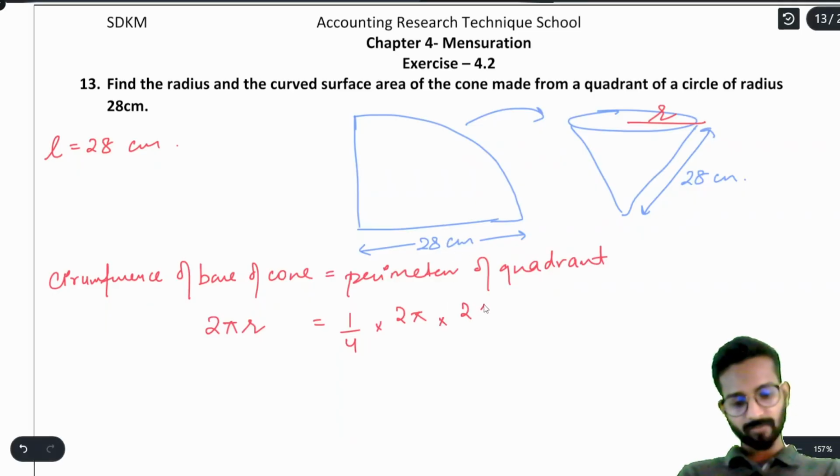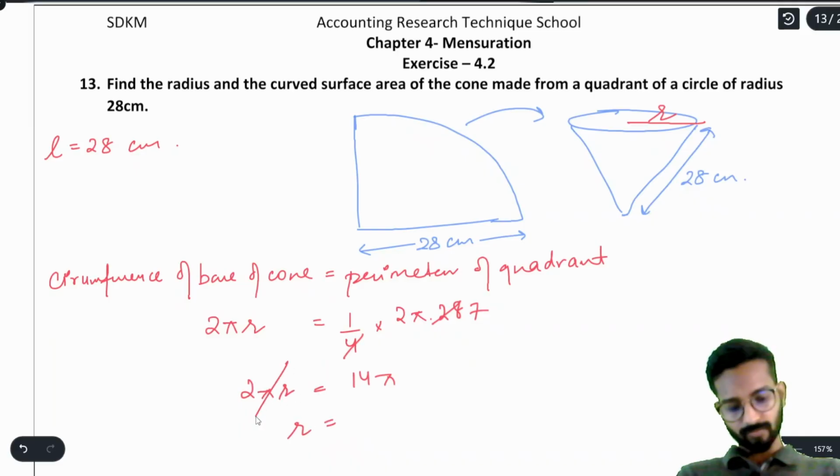So I can multiply this with 28. 2 pi r, R is 28 here. So 4 7s are 14 pi. Here 2 pi r. So r is equal to, pi cancels, 7 centimeter. So this r is your 7 centimeter.